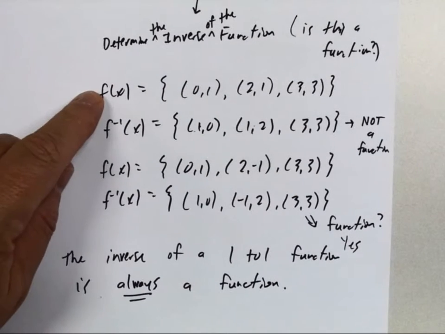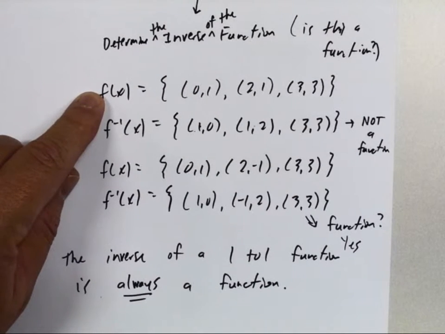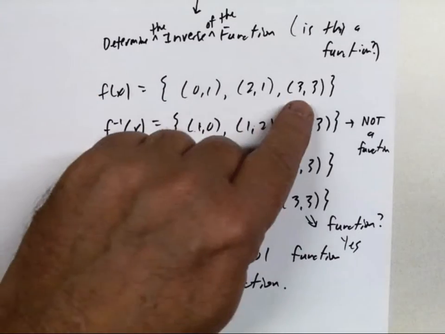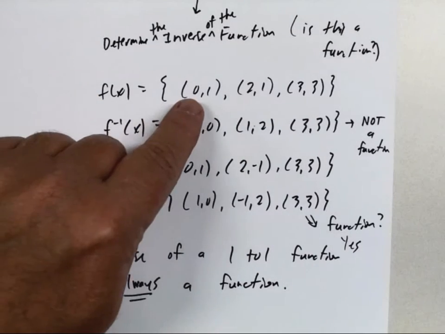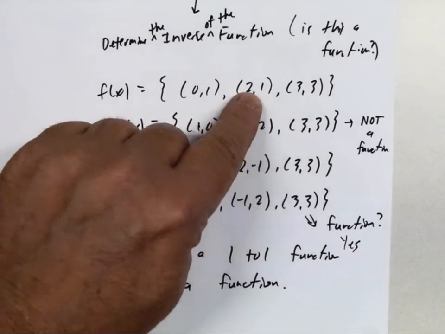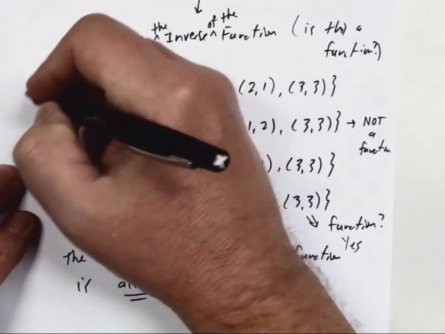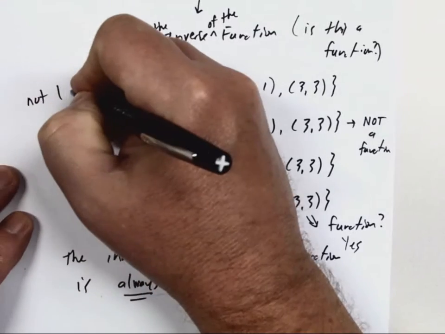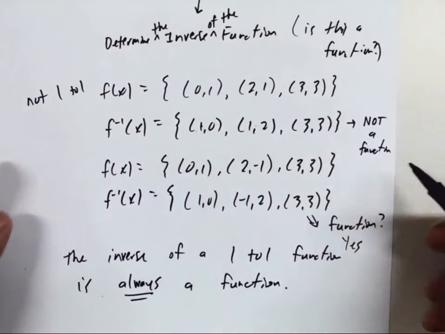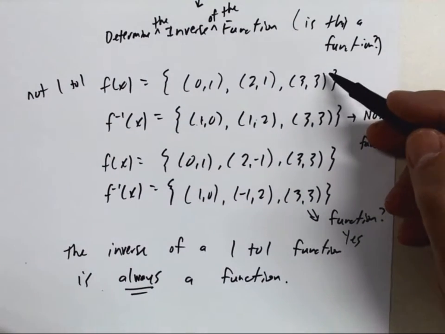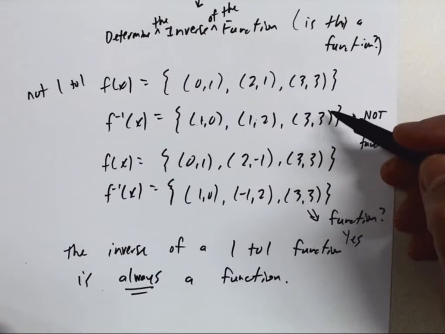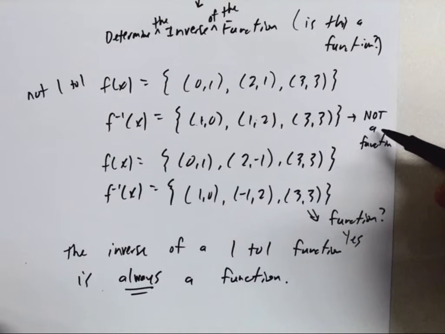Yes, it's a function. Is it a 1-to-1 function? Remember, 1-to-1 means no x's repeat and no y's repeat. No x's repeat, so it's a function. Is it 1-to-1? Check the y's: 1, 1, 3. The y's repeat. This is not 1-to-1, which means when you take the inverse, it is not a function.